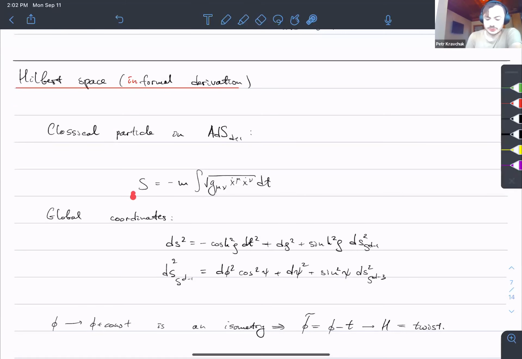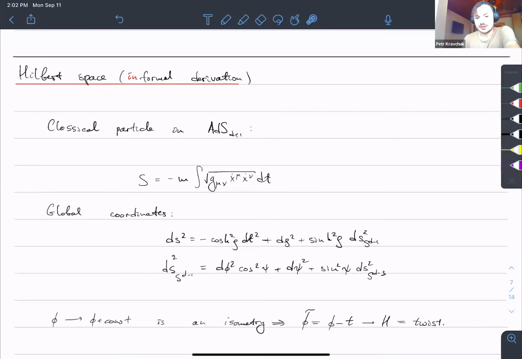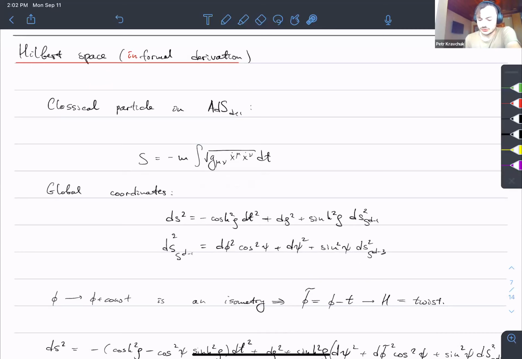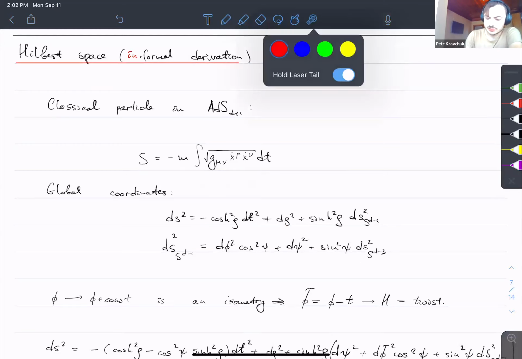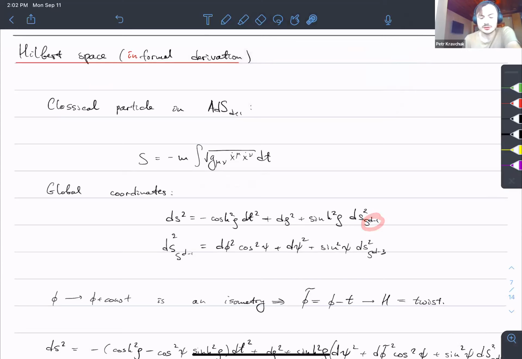So just a classical particle of mass m is going to have an action like this. And then we're going to parameterize everything in global coordinates. So we have global time, we have some radial distance, and then we have some extra d-1 dimensional sphere, which also has a metric.